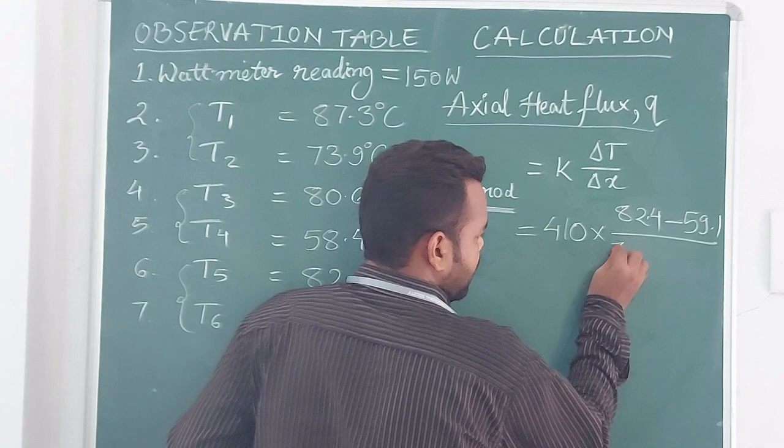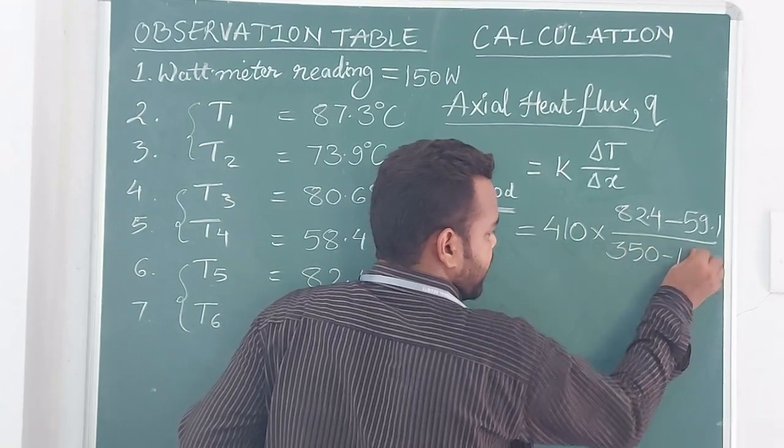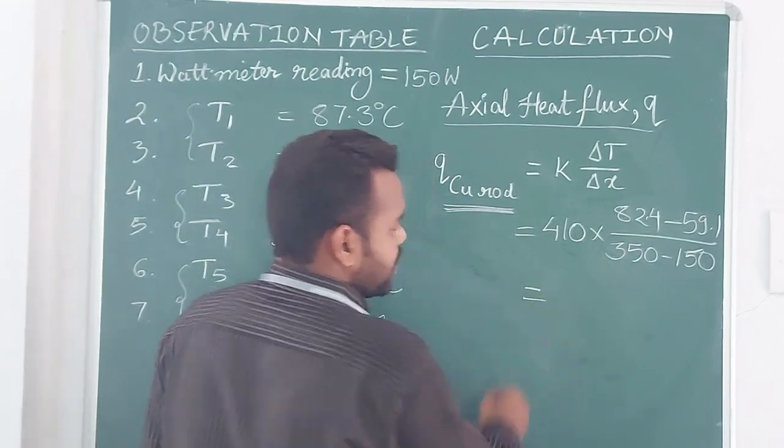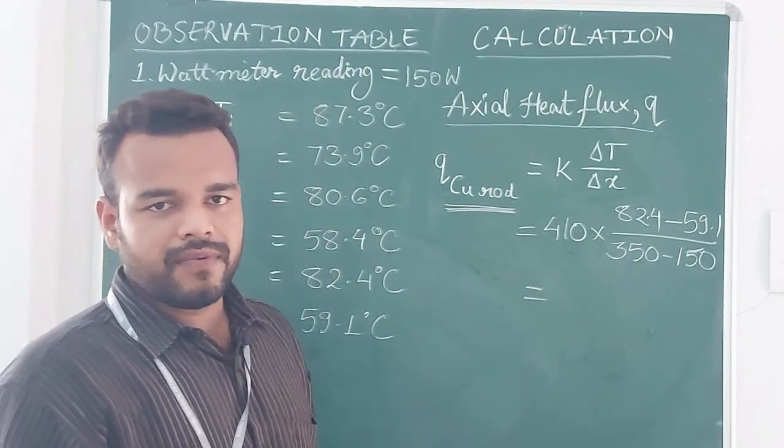So, you can write it like this, 350 minus 150, okay. Now, solve this one, we will get the value of heat flux.